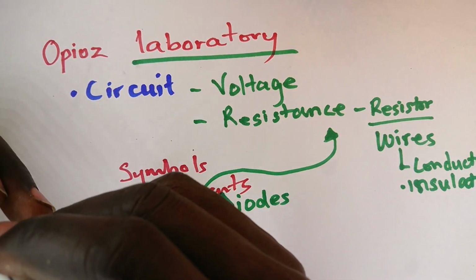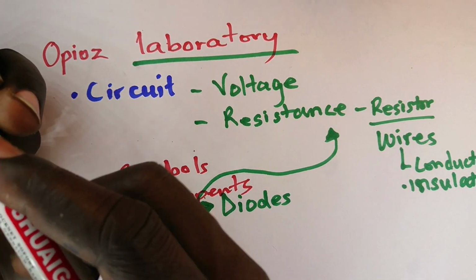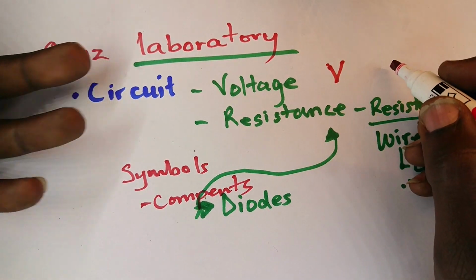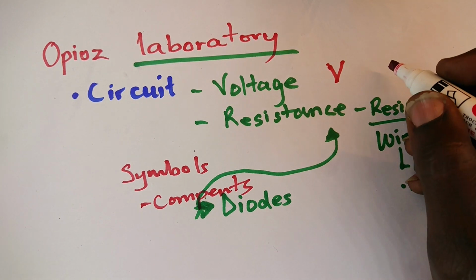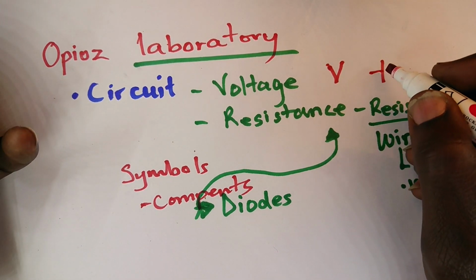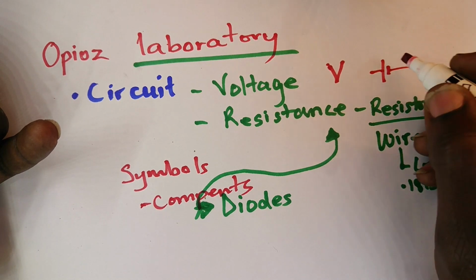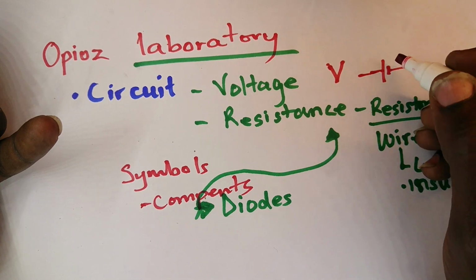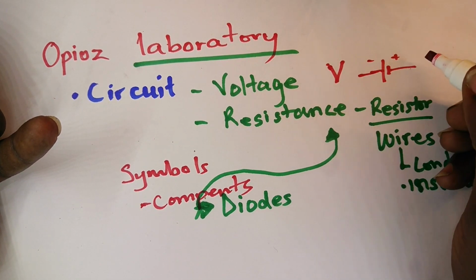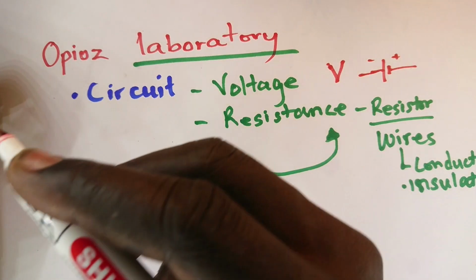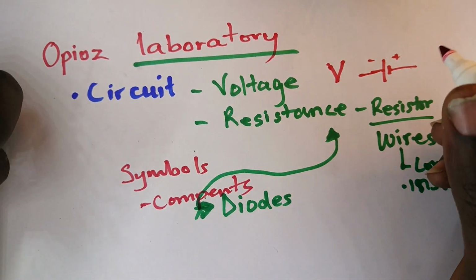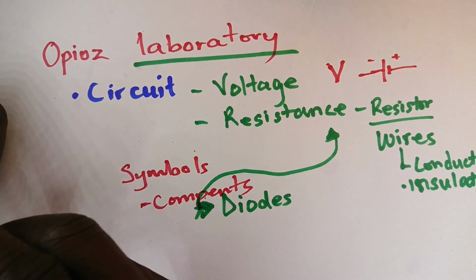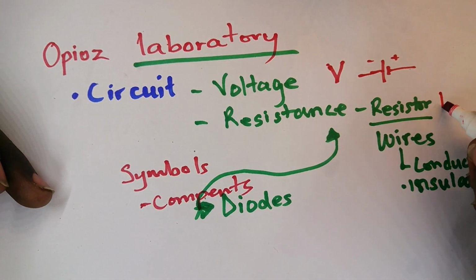For instance, we showed that the symbol of voltage is the letter V, and in diagrams this voltage can be supplied by a battery, which is usually 2 parallel dashes, one short, one long. This line simply represents a wire, and as such that would be the positive terminal, and the other the negative terminal.